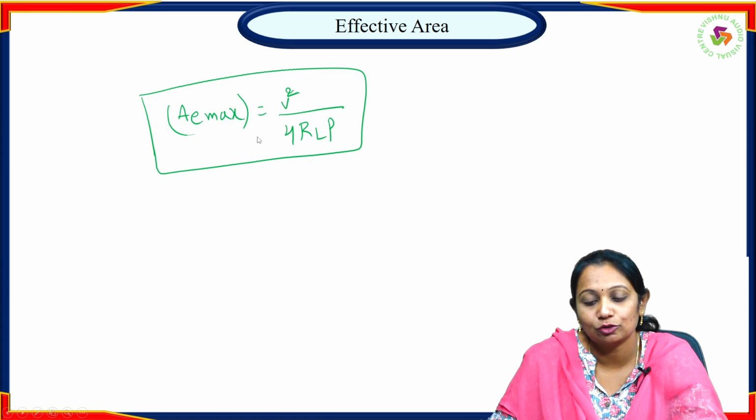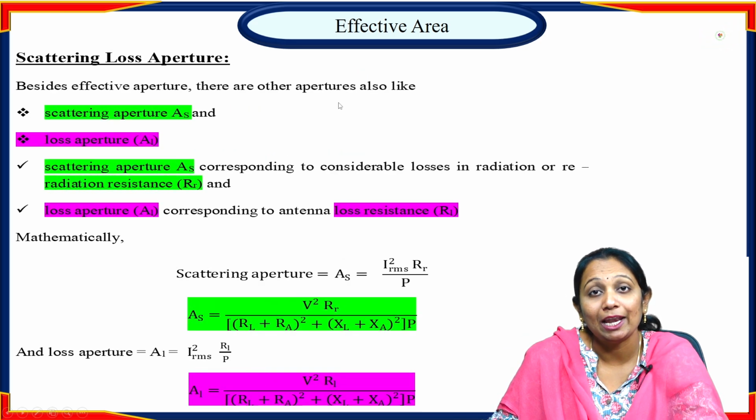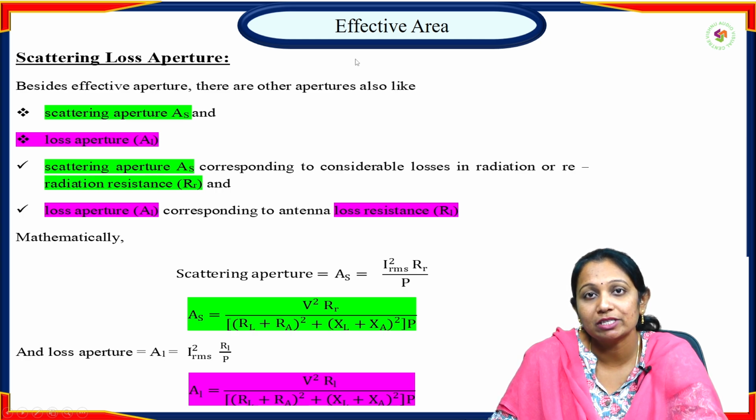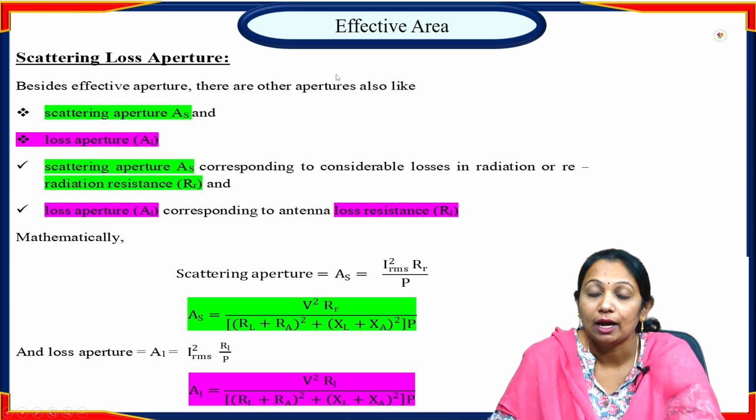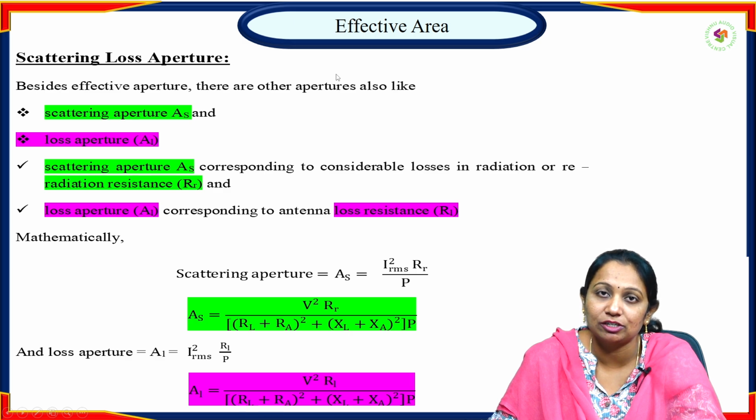So this is the way to calculate the parameters of any antenna, whether it is a transmitter or receiver. Here I have taken a receiving antenna as an example. Now along with this effective antenna aperture, we have some more area parameters related to the antenna. Earlier we calculated the effective area.